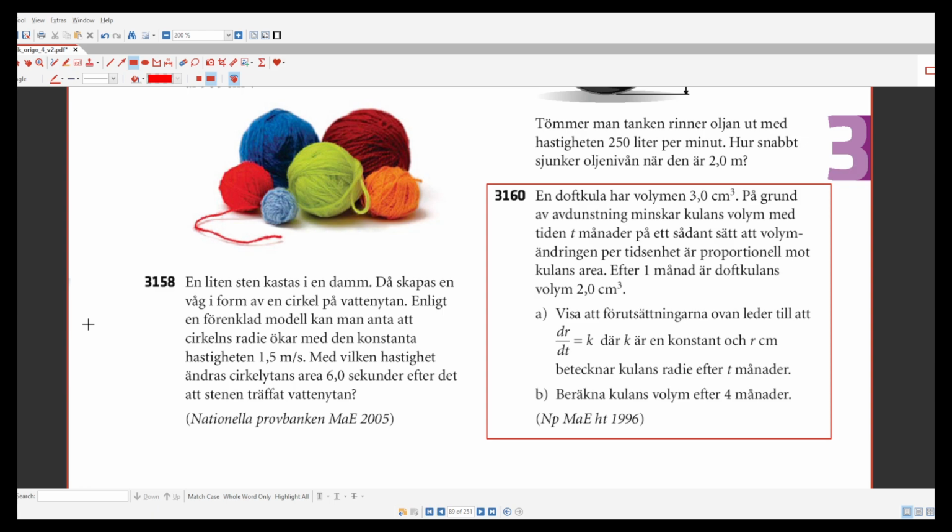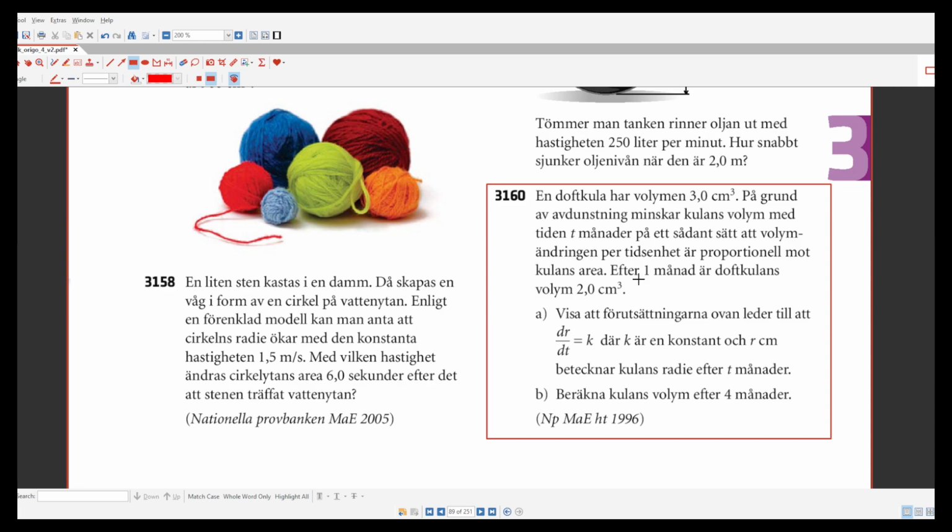I don't understand the translation exactly, but as far as I'm concerned, there is a candle in a spherical shape, and then it is burning. So it means that the volume is shrinking. And then there is some information given to you. The original volume is 3 cubic centimeters, and time T is measured in months.